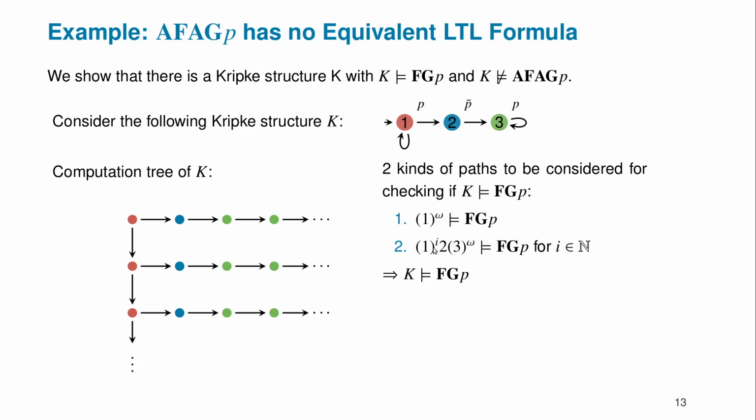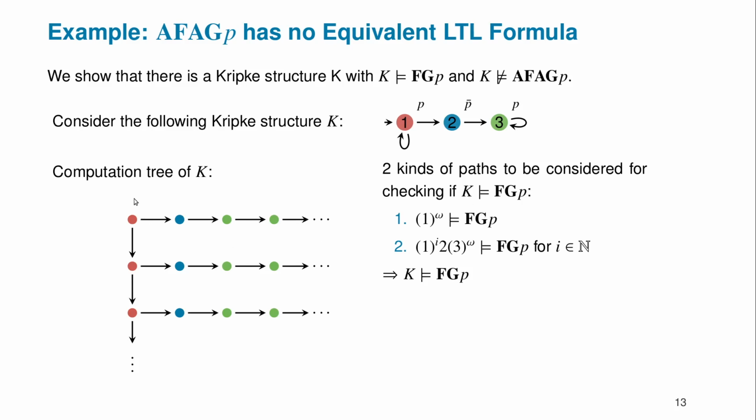Okay, and this we have written down here. So we have a finite number of steps that lead us to, again, state 1, then we do one step to state 2, and then we stay forever in state 3. And now we have to check if FGP holds on these two paths, finally globally P. So we have to find one state from which on globally P holds.